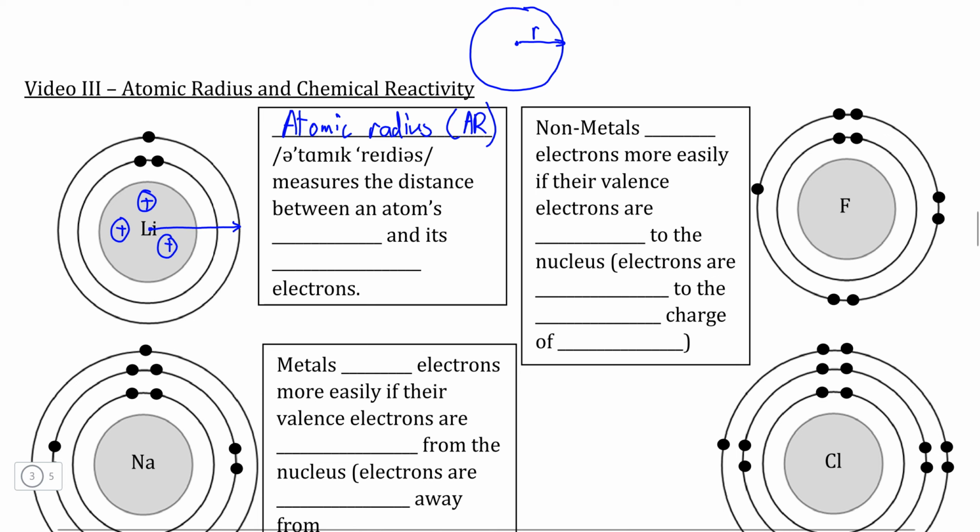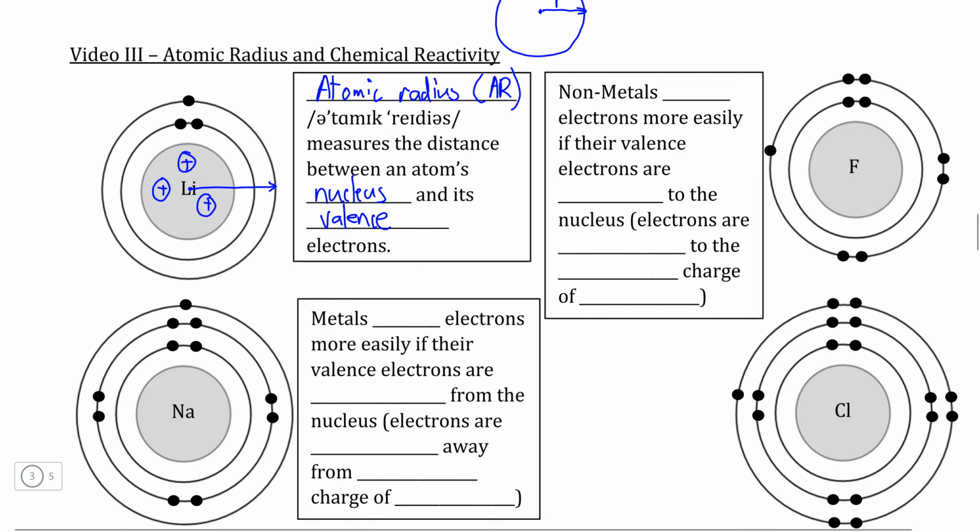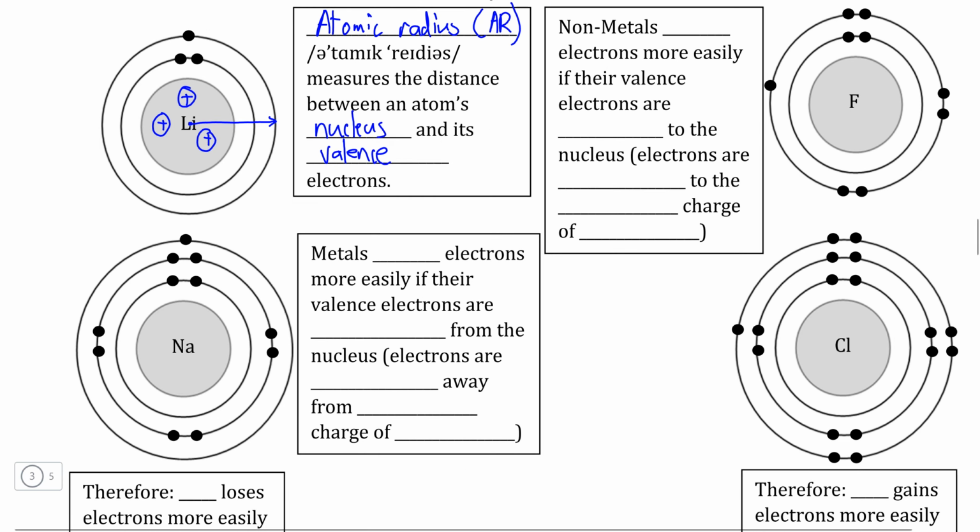And if we draw a line from the center of the nucleus to the edge of the valence shell, that being, of course, the shell of electrons that is farthest away from the nucleus, that is a measurement of the atomic radius.